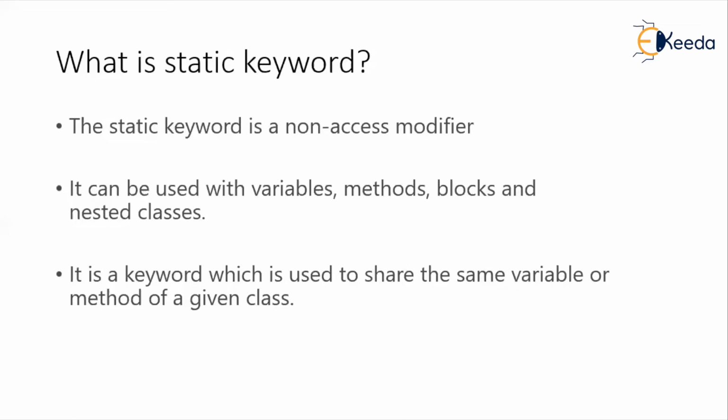However, if I need multiple objects to share the same variable or same method, instead of creating their own copy, in that case we can make use of the static keyword along with the variable. So when I declare a variable as a static variable, only one copy will be created, which will be shared amongst all the instances of that particular class.